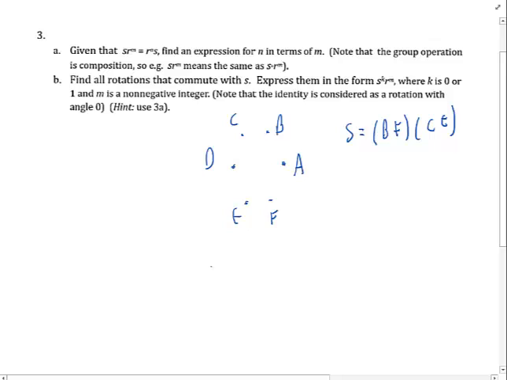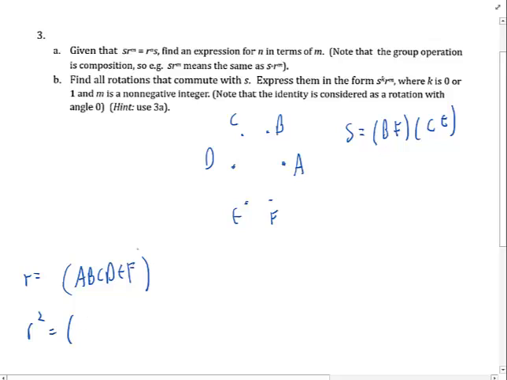So let's say R. R is going to be A, B, C, D, E, F. Here, let me move it back a little bit so I have room. Here's what R is. And then let's see R squared.